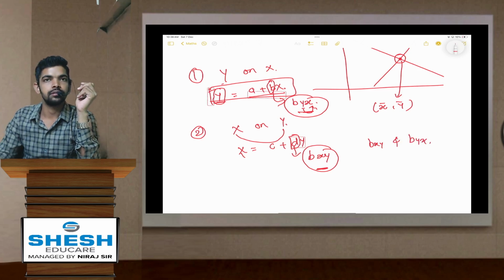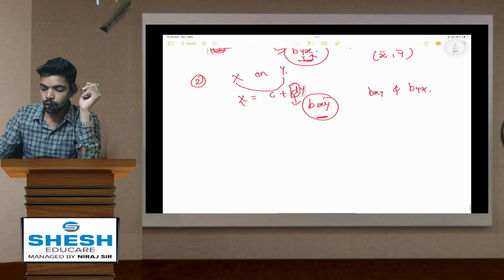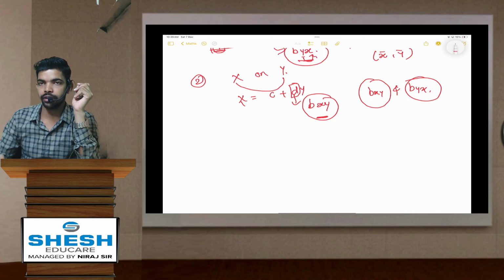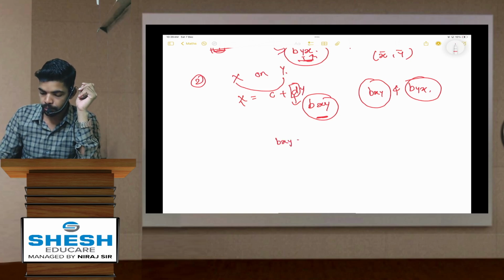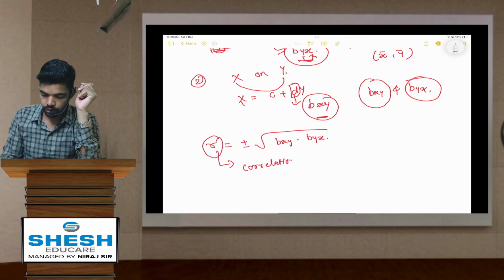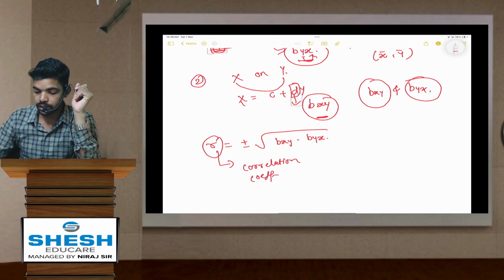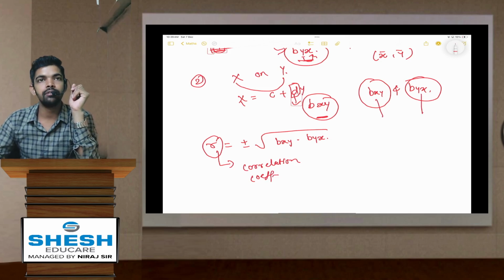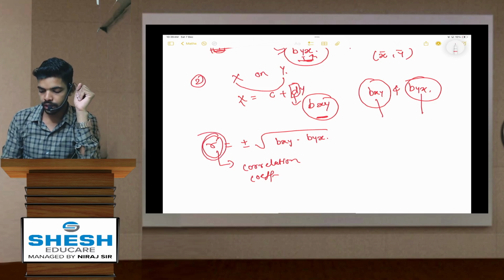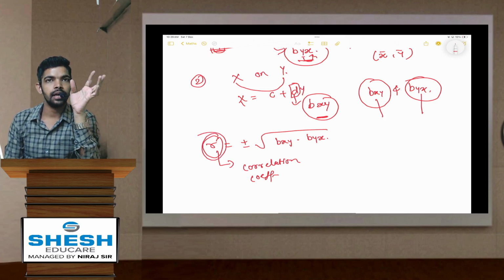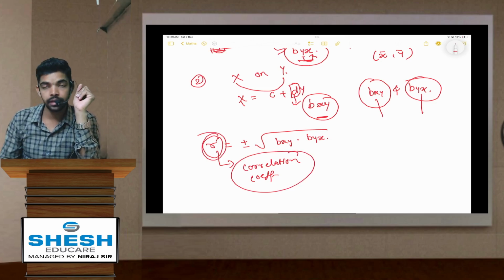byx. Okay, and if you take the geometric mean of these two regression coefficients, geometric mean means bxy को byx से multiply करना है and then take the square root. So this will give you the correlation coefficient R. So regression coefficients are denoted by bxy and byx, whereas the correlation coefficient is denoted by R. And what is the relation between correlation coefficient and regression coefficient?